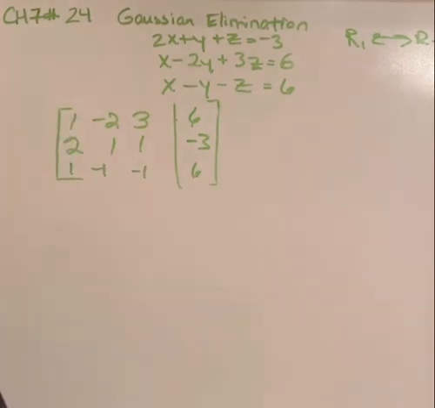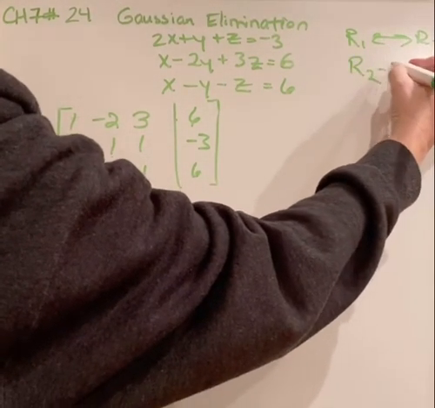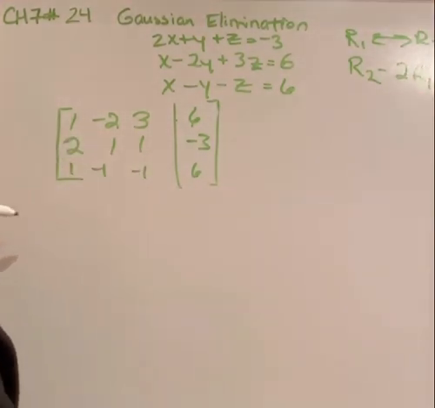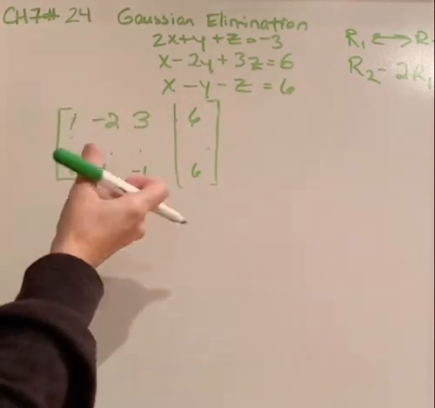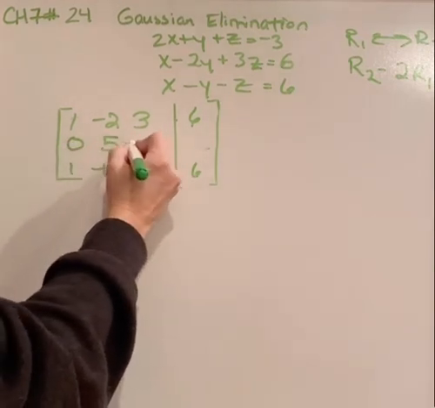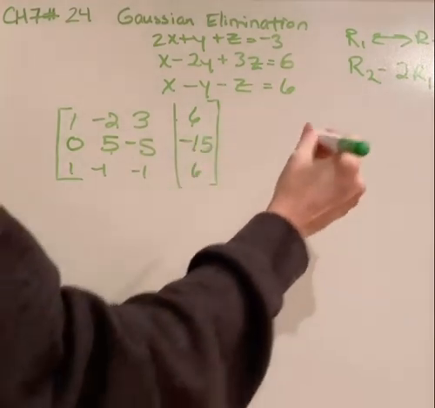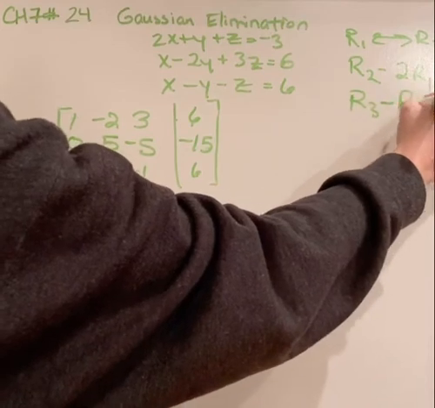Now what I want to do is take row 2 minus 2 times row 1. That's going to give me 0, 5, -5, and -15. The next thing I want to do is take row 3 minus row 1.